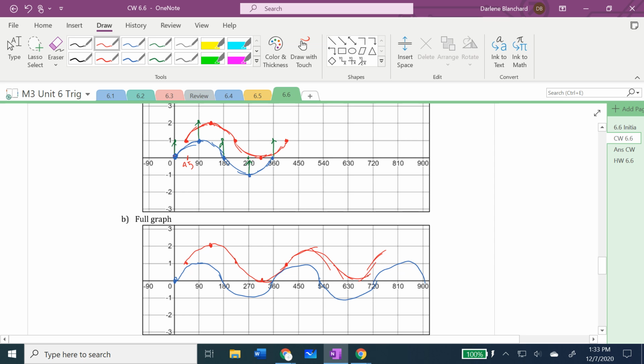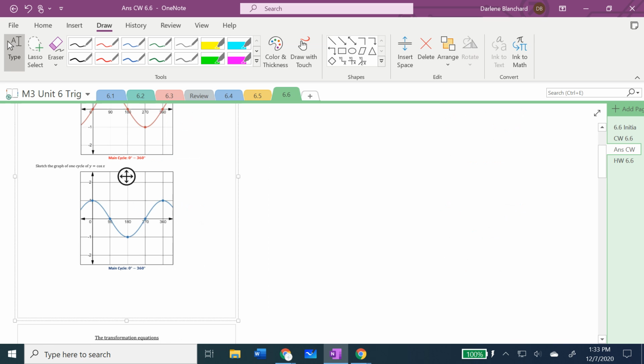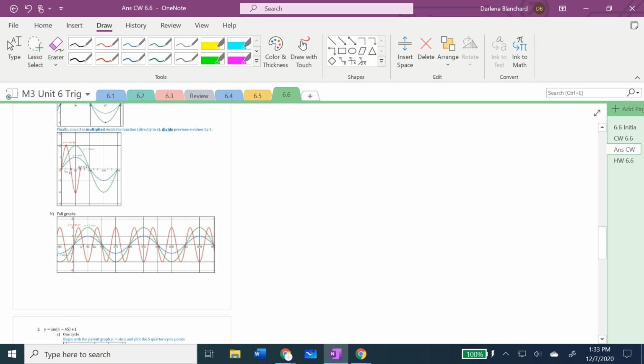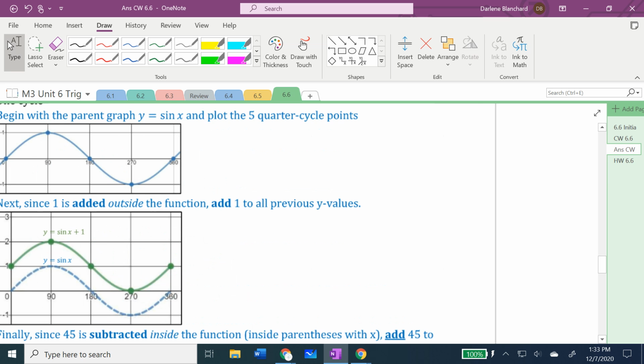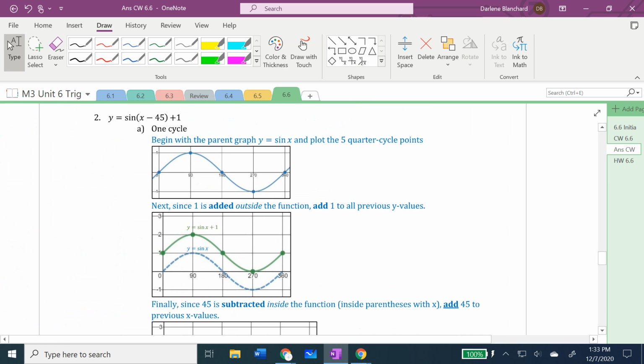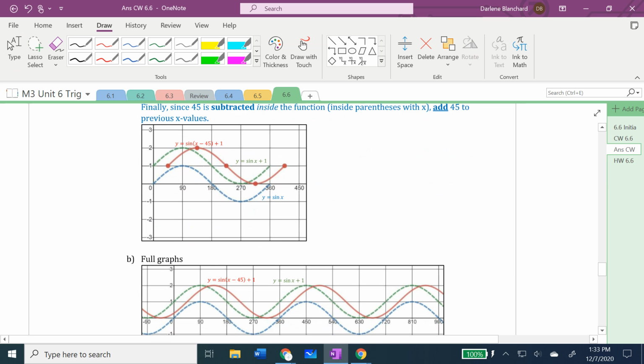I'm not drawing it perfect at all, but I want you to see what it should look like. And when you look at the answers, I've got start here, shift it up 1, and then from there, shift it right 45 degrees.